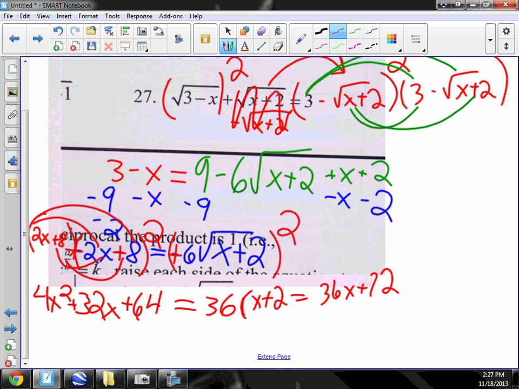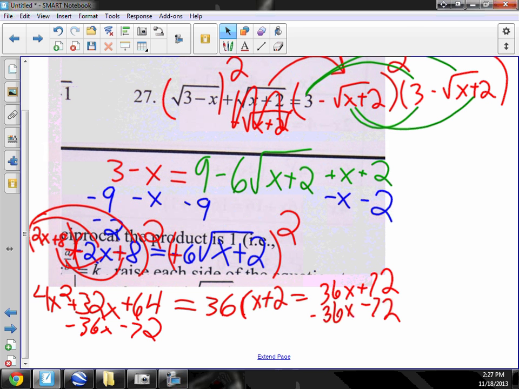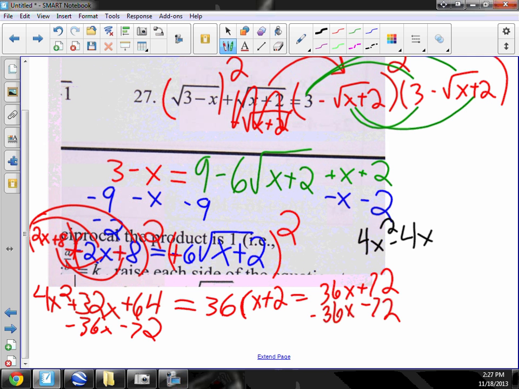Set it equal to 0 and solve the quadratic. So subtract 36x and subtract 72, which gives me 4x squared minus 4x minus 6, no 8.